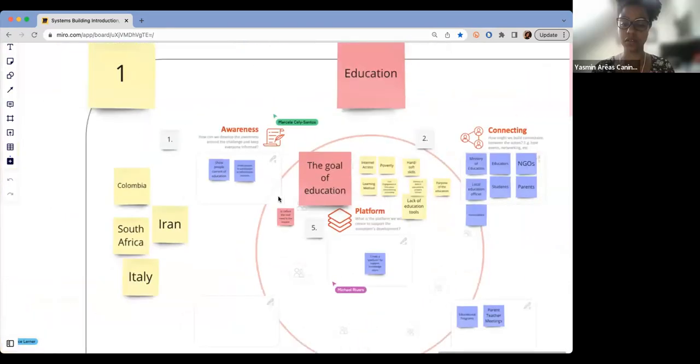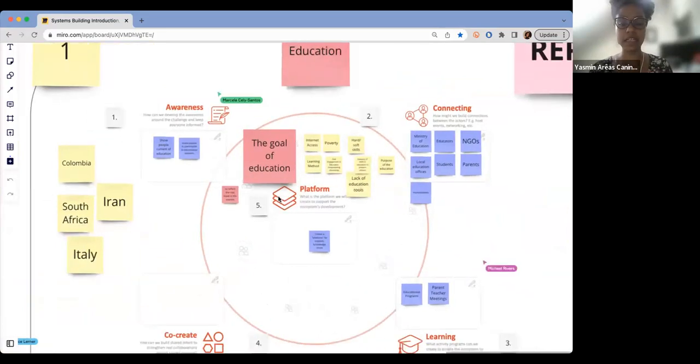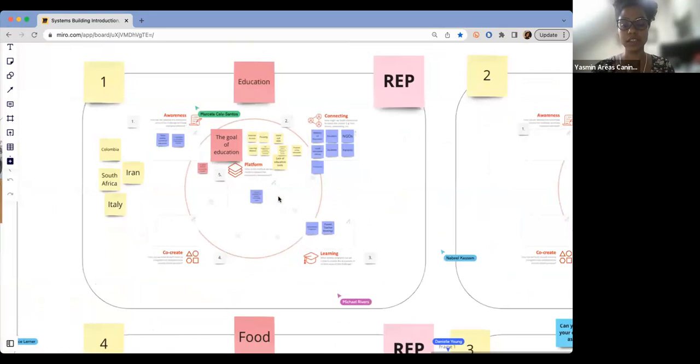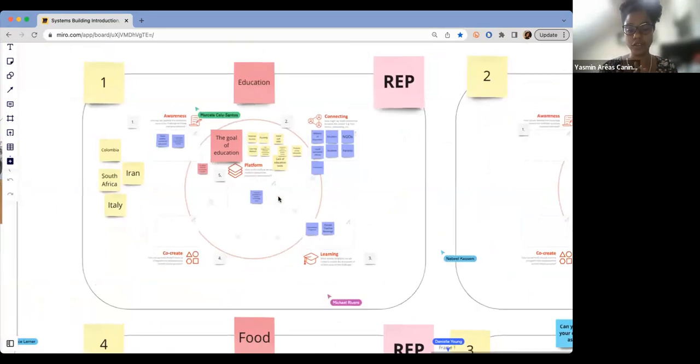Good. Awesome. Thank you. In summary, do you think it was a good way to organize these areas, and did it make this idea of ecosystem building and platform building more clear for you through the usage of the canvas?